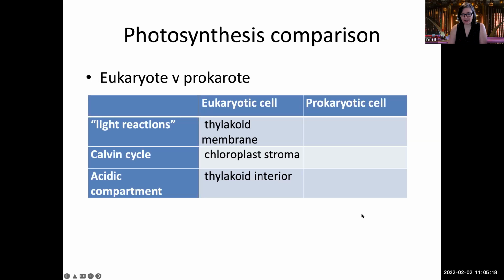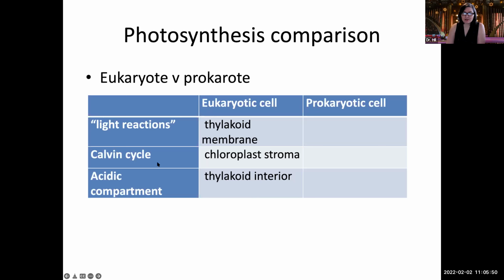So again, we can compare that to a prokaryotic cell, because there are prokaryotic cells, such as photosynthetic bacteria, that do this process, but they don't have a chloroplast. So instead of the thylakoid membrane being the location of the light reactions, where is it happening in the prokaryotic cell? Right, basically the plasma membrane.